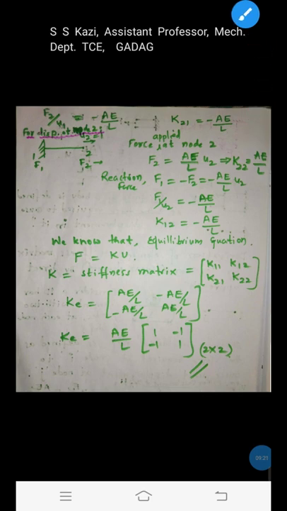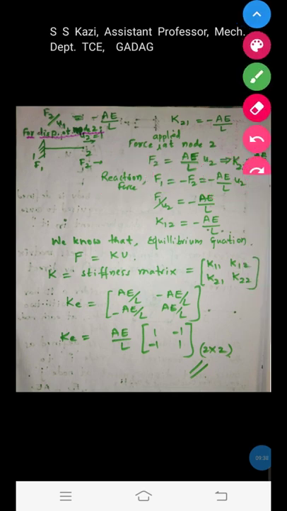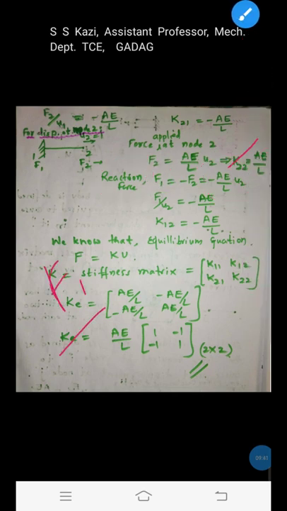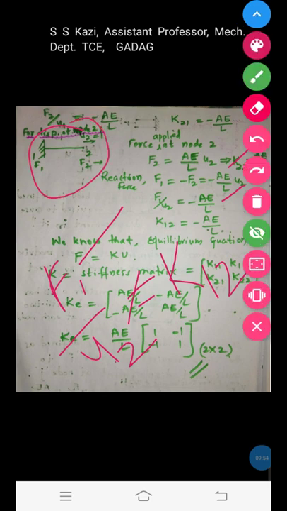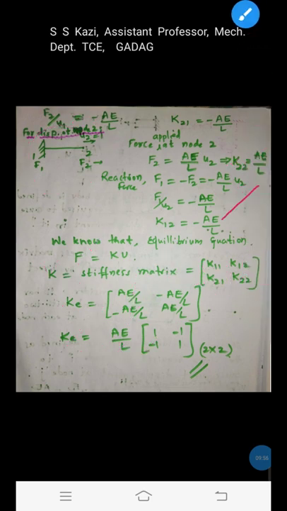Therefore K22 is equal to AE by L. Now F1 is the reaction force, opposite in direction but the same in magnitude, so F1 is minus F2, which is minus AE by L U2. Therefore F1 by U2 is equal to minus AE by L. This F1 by U2 is represented by K12, the force needed at node 1 to produce unit displacement at node 2 only. K12 is minus AE by L.